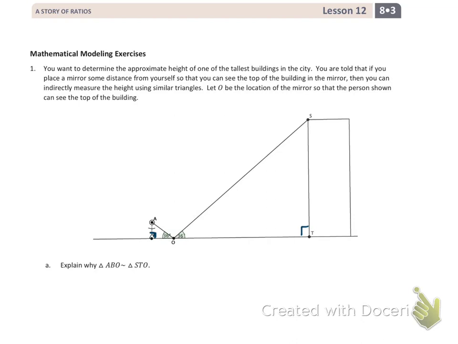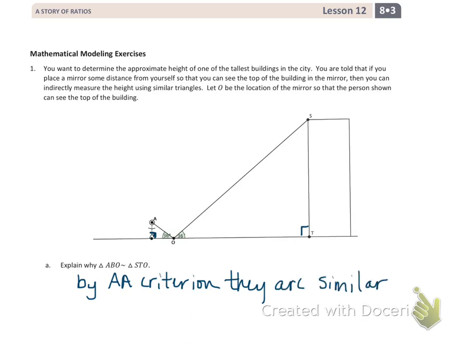So by angle criterion, we know that those are similar triangles. They are similar. And it's because we have that 90-degree angle that we can identify there.